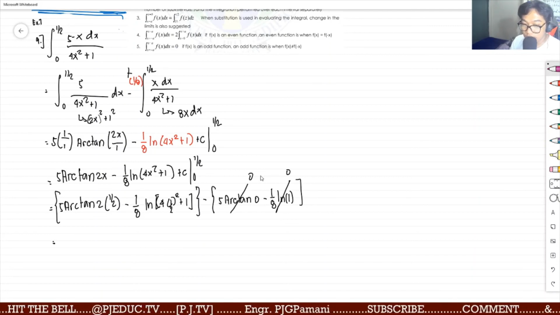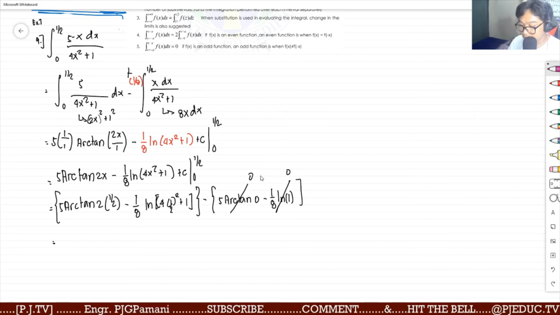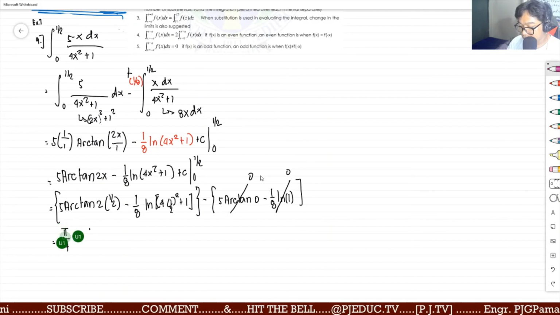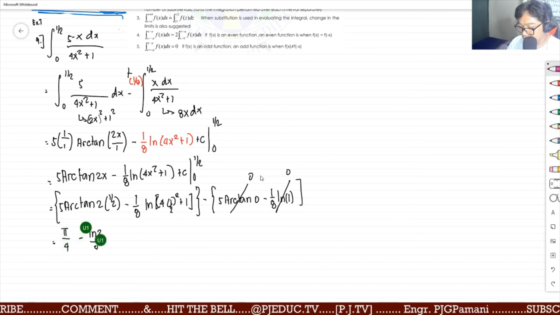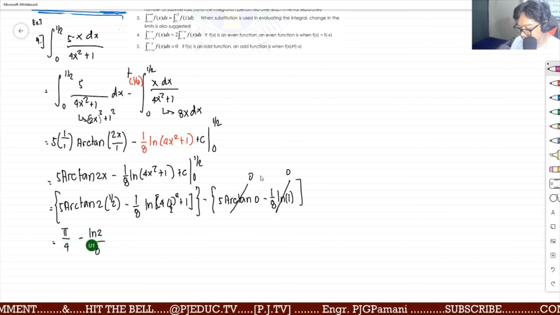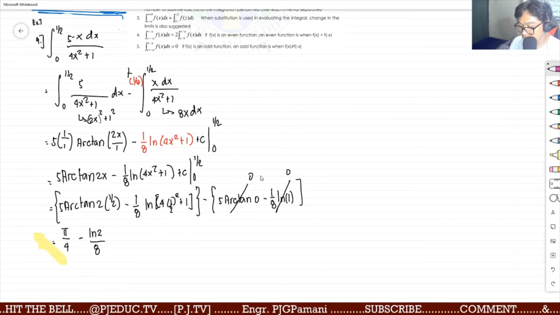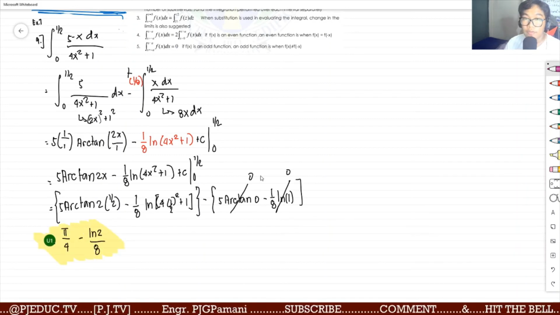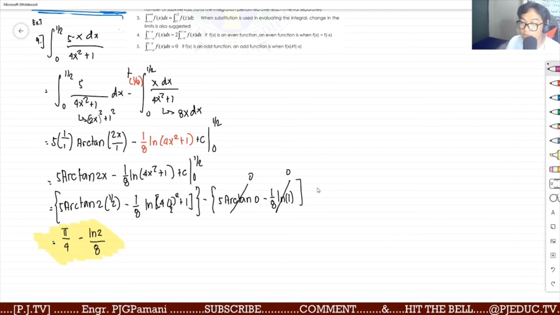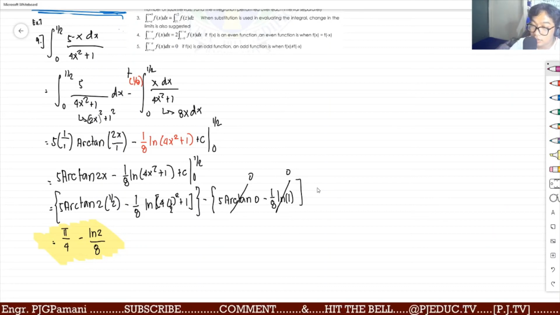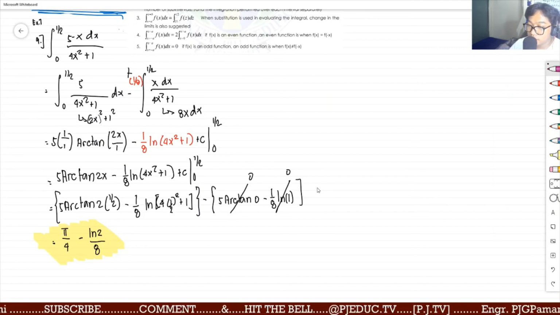Ln 2 over 8. 5 arctan 1 is pi over 4 minus ln 2 over 8. So, yan na ngayon yung ating final answer. Okay? Question po so far for this problem.